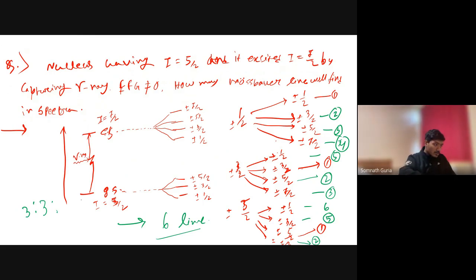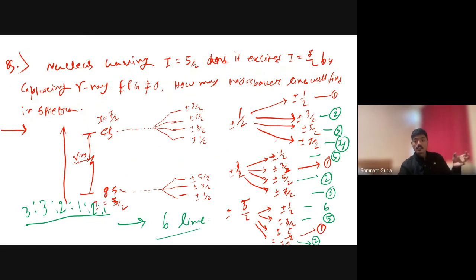We'll have 2. 4 will be the 1. So 1 is to 2 is to 1. This will be the ratio of the transitions. So all 6 lines will appear in the Mossbauer spectra if EFG is not equal to 0.